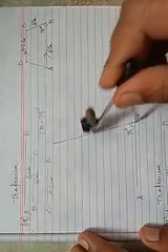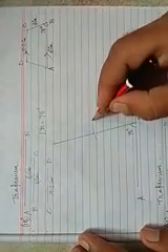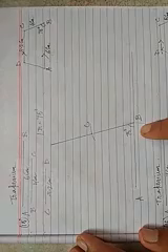Now cut the measurement BC, with the measurement of BC 4 centimeter, taking B as a center. Cut this line segment. So this is the point C. Now draw a line through the point C parallel to AB.